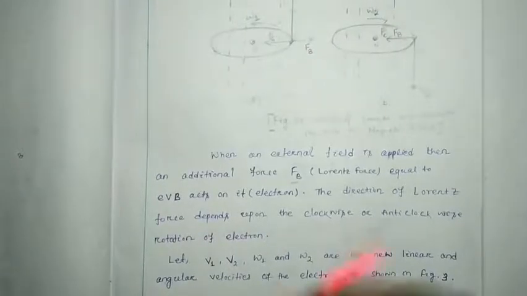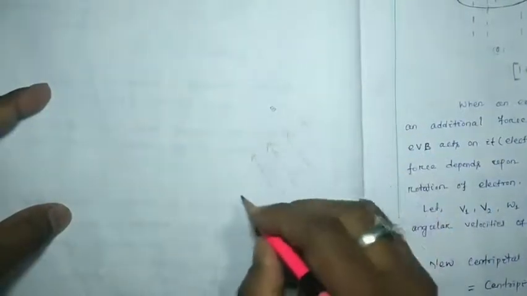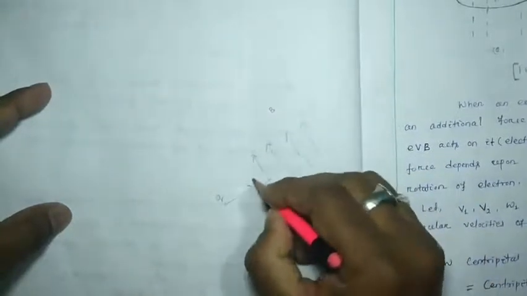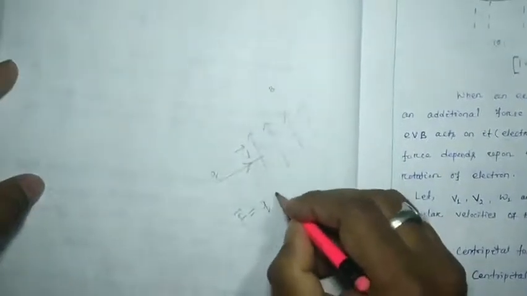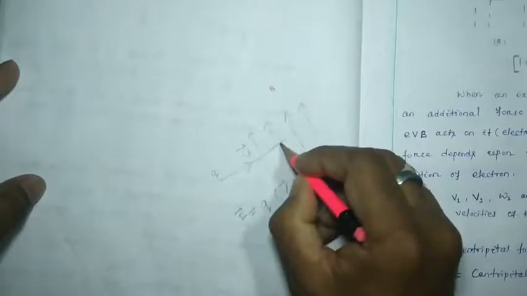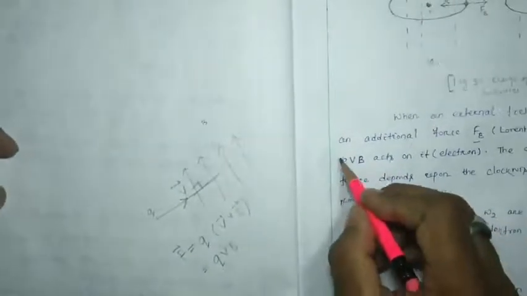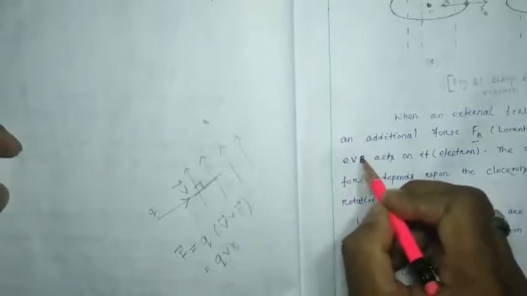In plus 2 we studied that if a charged particle Q enters a magnetic field with velocity v, then the force on it will be Q into V cross B. As the velocity direction and magnetic field direction are perpendicular to each other, it can be written as QVB. Here the charge is an electron, so eVB, where v is the velocity of the electron and B is the applied magnetic field.